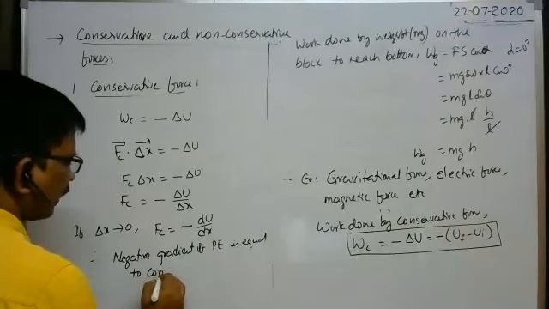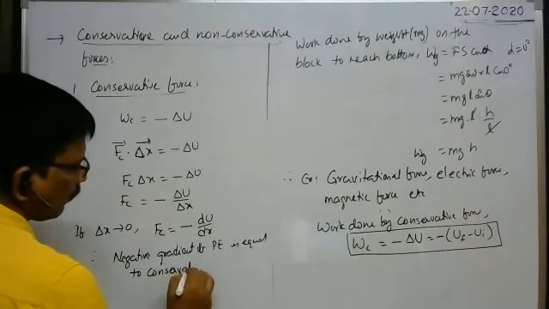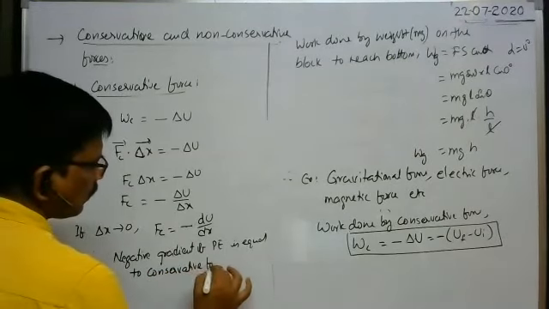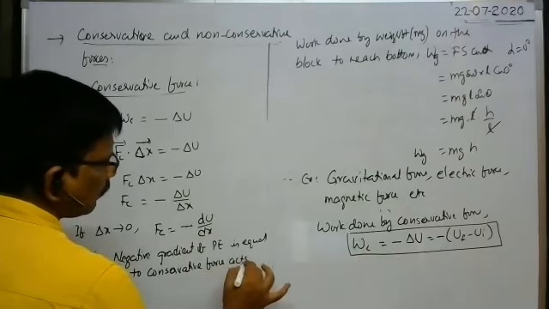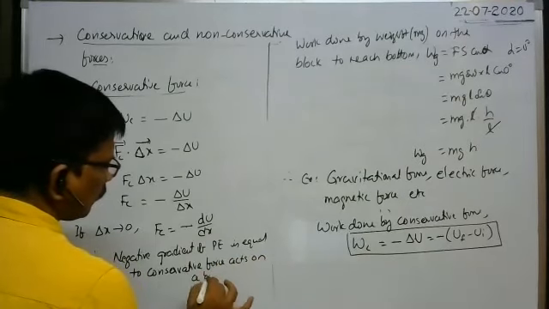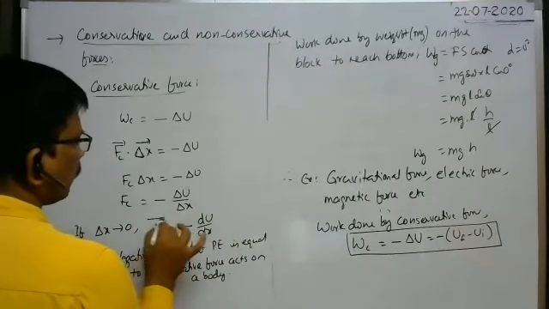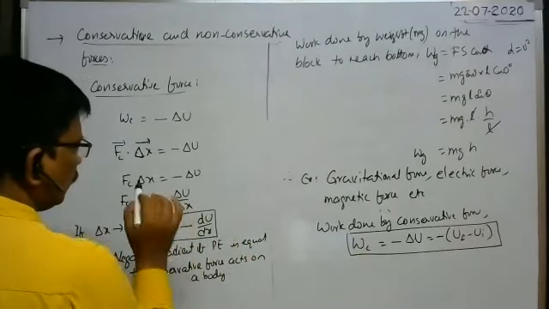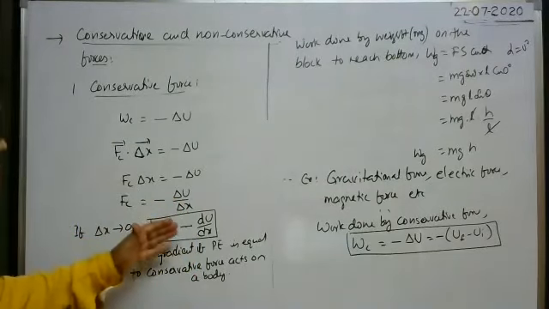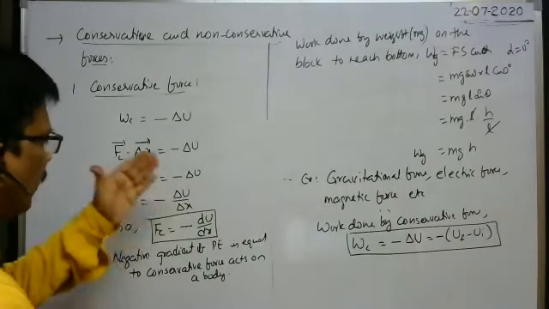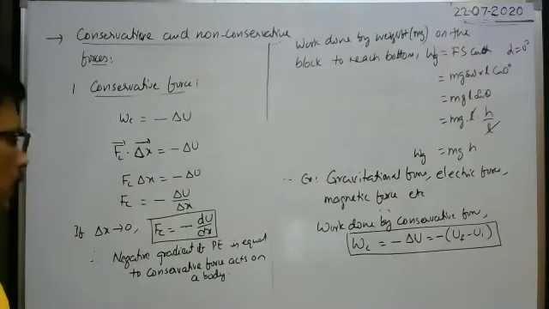This is a very, very important formula. The negative gradient of potential energy of a body is equal to the conservative force acting on a body.